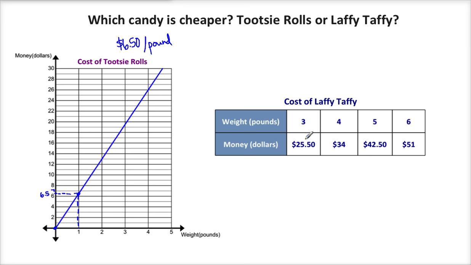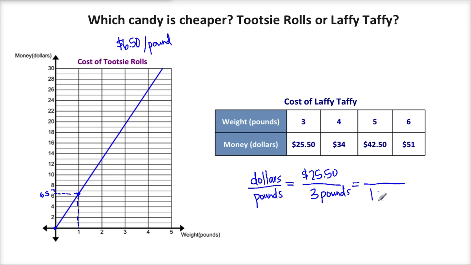So in order to figure out what the unit rate is for this one, I'm going to set up the ratio, dollars to pounds. My ratio is $25.50 for 3 pounds. And I want to know the unit rate.